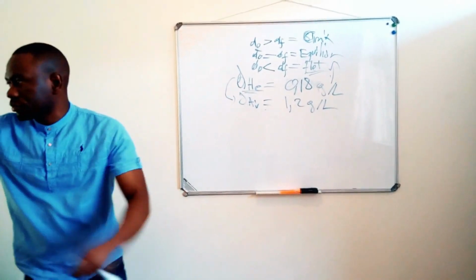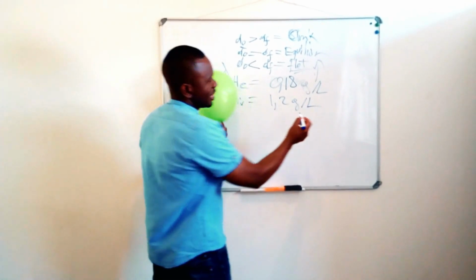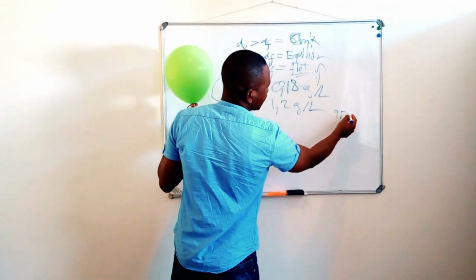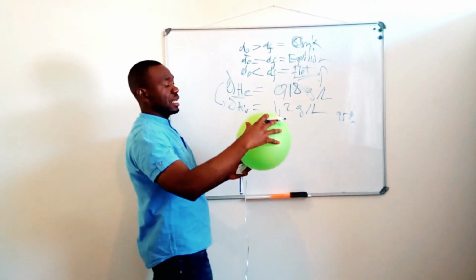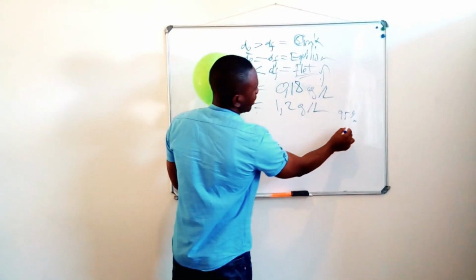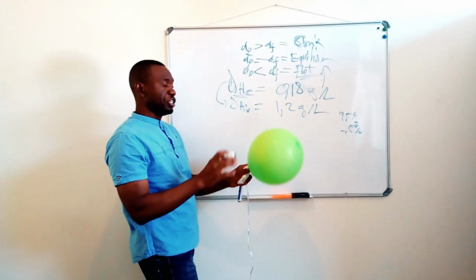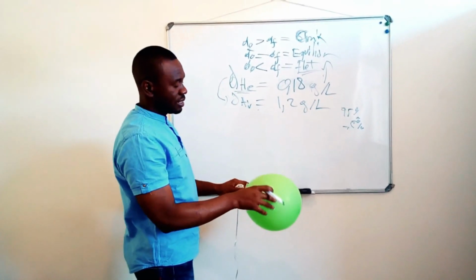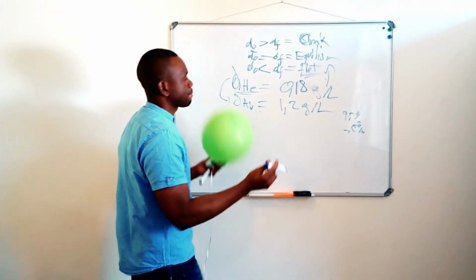So now this balloon here, we can say that it is somewhere above 95% helium, and somewhere around 5% is the plastic, which is the body of the balloon.